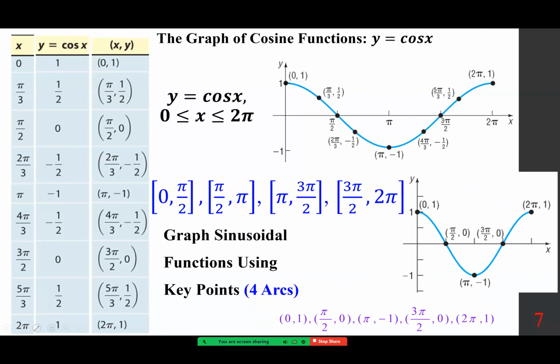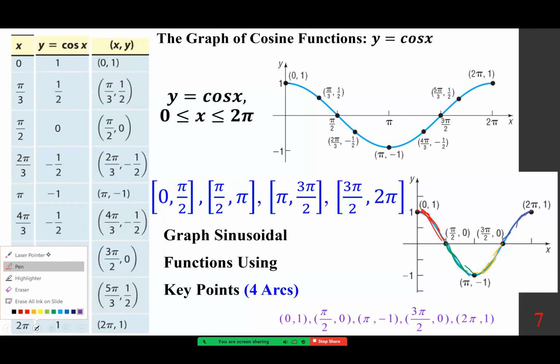This is 1 arc. This is the second one. This is the third arc, and here's the last.